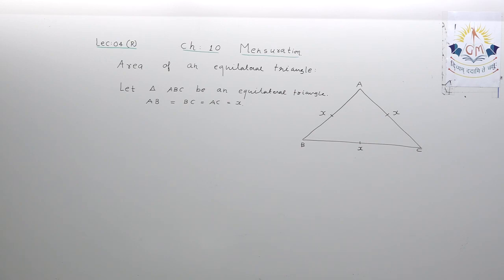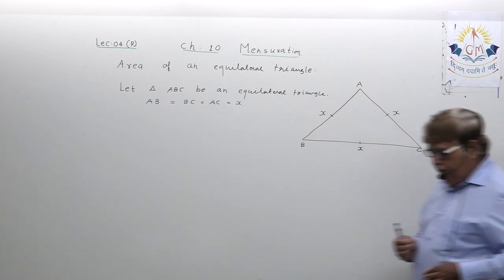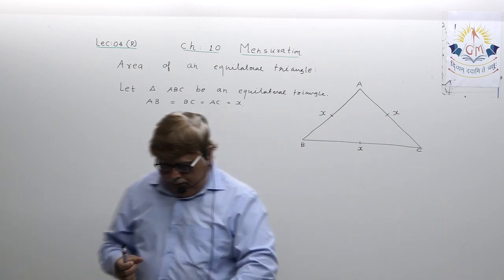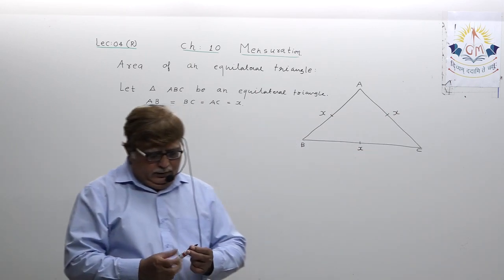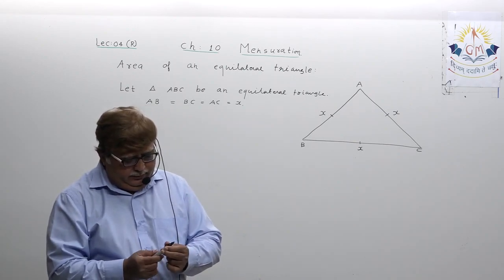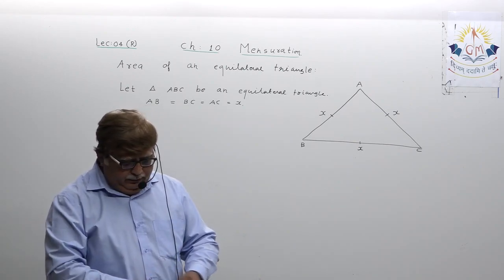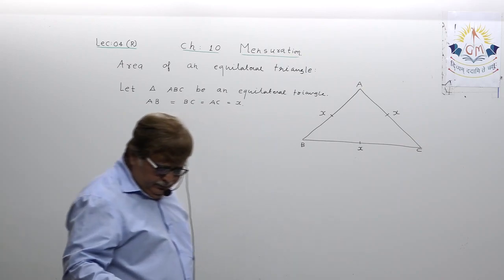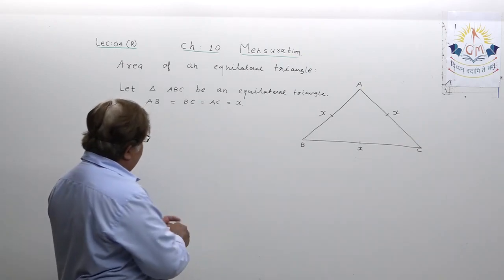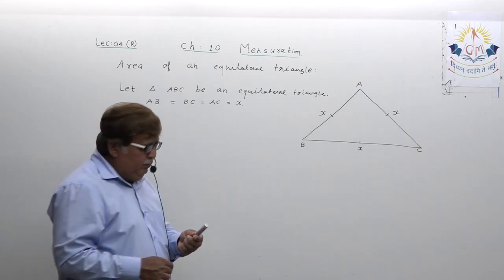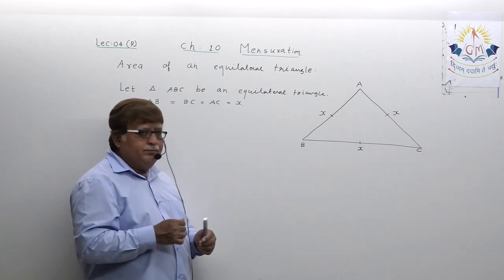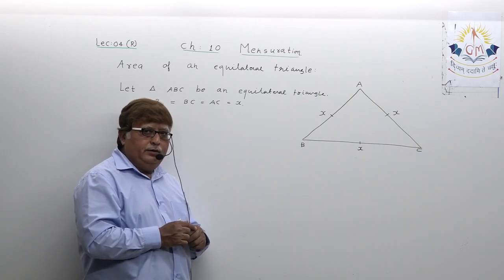Okay, so we have supposed all three sides as x. Now let us move ahead. After supposing all sides as x, you all know very well Heron's formula.